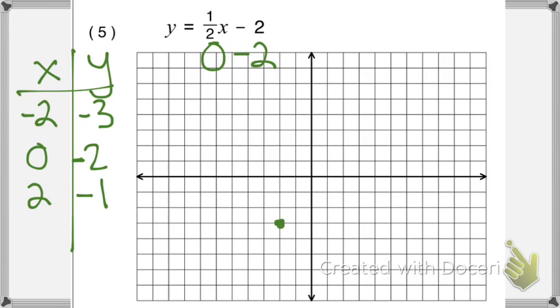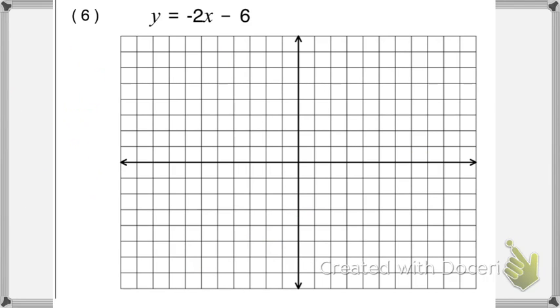So down 2. And then 2 down 1. All right, so if I were to fill this in with more and more x values and figure out the y values, it would make this line, and there's my solutions.